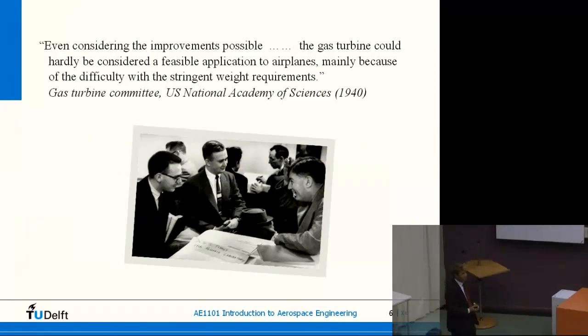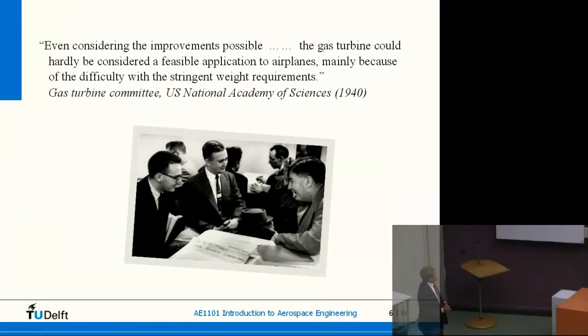Another impression of how innovation can sometimes be blocked by conventions. Imagine that you are considering, like people were at some point, using turbines, like we use in gas turbines, for airplanes.